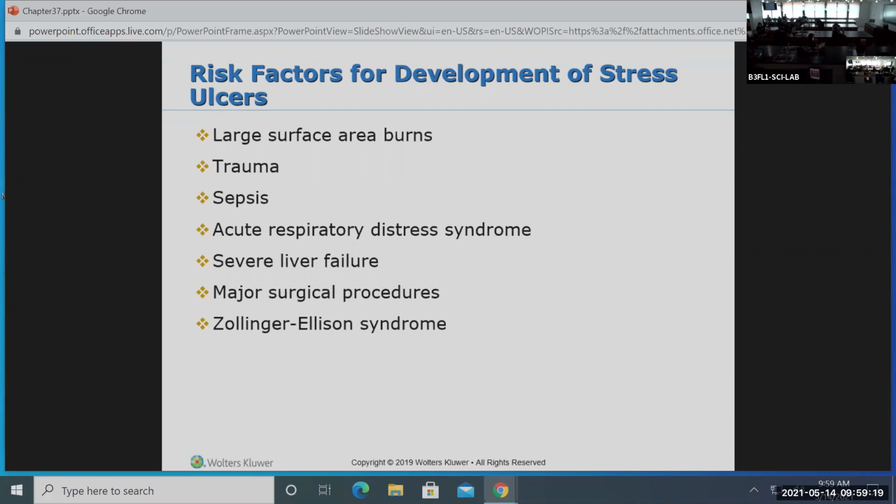And that gastrin predisposes to ulcer formation. So patients in ICU are more prone to stress ulcer. So these are the causes for stress ulcer, like the trauma, the sepsis, major operations.